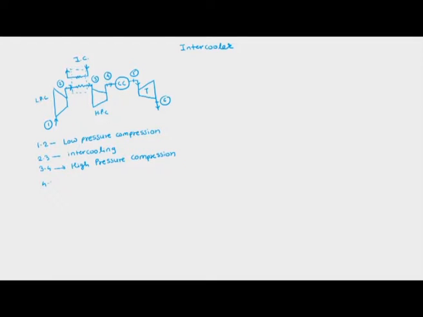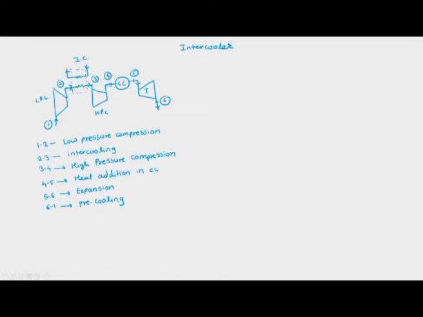Then we have 4 to 5, this is heat addition in the combustion chamber. Then we have 5 to 6, which is expansion in the turbine, which is obviously isentropic expansion. 4 to 5 is again adiabatic heat addition. 6 to 1, in case of closed cycle power plant, is pre-cooling.